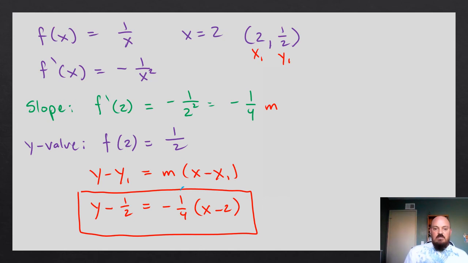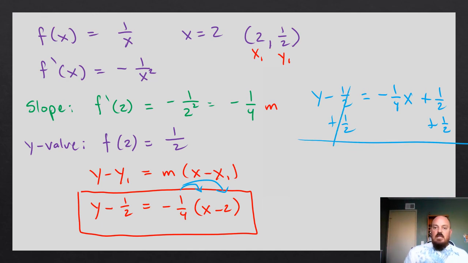Like if I just do this, if I distribute the negative 1/4 here, I would have y minus 1/2 equals negative 1/4 x plus, negative times negative is positive, and 1/4 times 2 would be 1/2. And then I would add 1/2 to both sides, and you would get y equals negative 1/4 x plus 1. 1/2 plus 1/2 is 1.